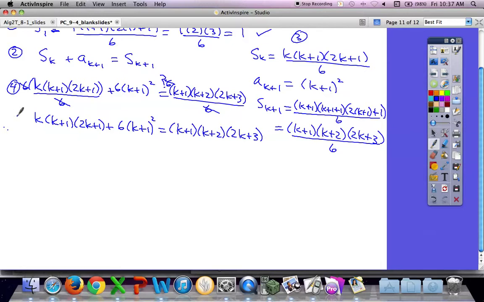Any brilliant ideas now? You could just do a brute force method and start multiplying everything you can. Or you could notice that every one of these terms has a factor of k plus 1. So let's divide everything by k plus 1.